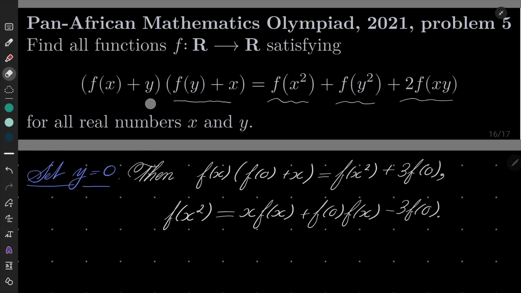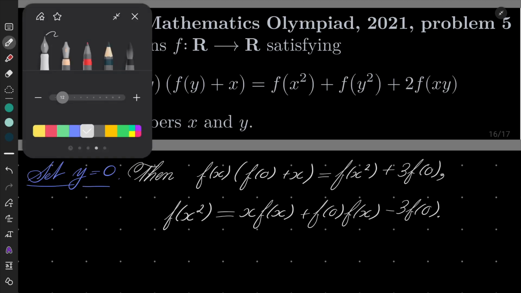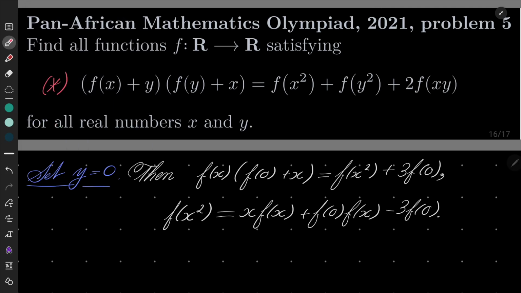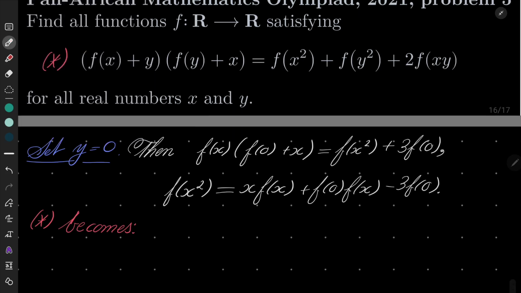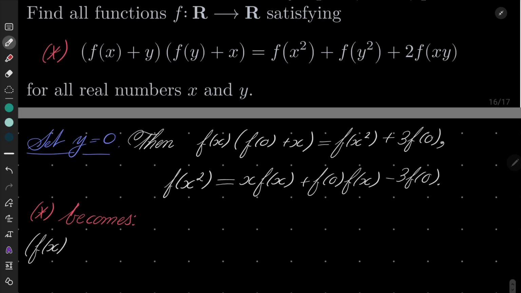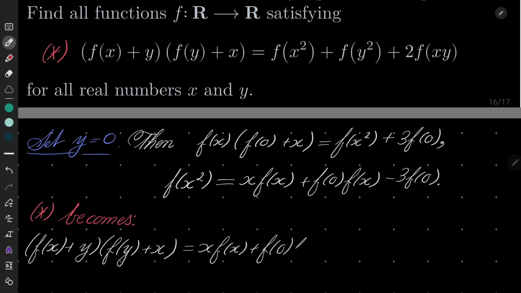Okay, very well. And now let's call our first equation asterisk, and now our condition becomes the following: f(x + y) times f(y + x) equals, instead of f(x)^2, I can write the derived formula.